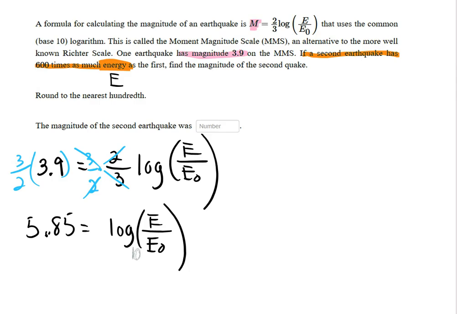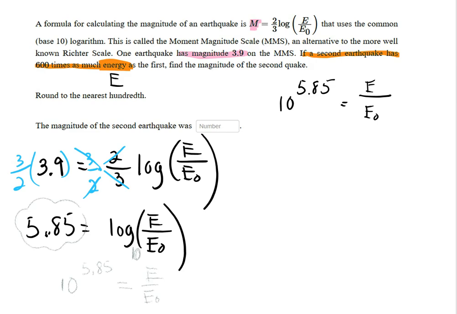Now keep in mind that this is a base 10 right here. So when I leave exponent or log land and go to exponent land, I'm going to start with the base 10, and you're going to raise that to this power here. And then that will equal whatever it was you were taking the log of, which gives me that equation right there. So it's 10 raised to the 5.85 equals E over E sub 0.